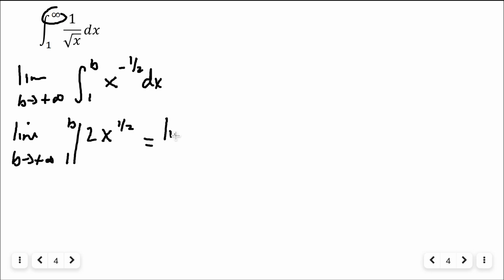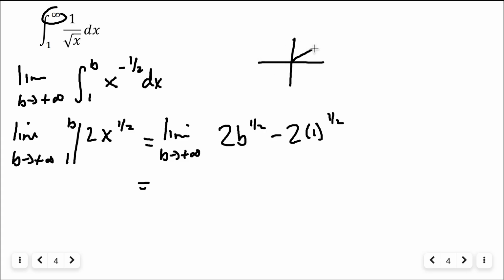All right, so that's going to be the limit then. We'll substitute in, use our fundamental theorem. It's going to be 2b to the half minus 2 times 1 to the half. So 2b to the half as b goes to infinity. So the square root of infinity, so to speak. Now square root x looks like that, right?